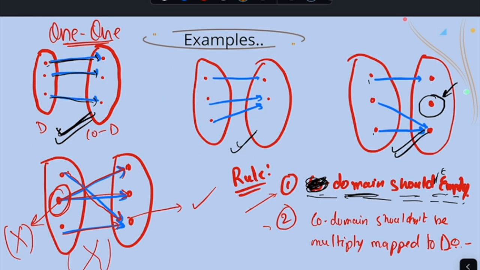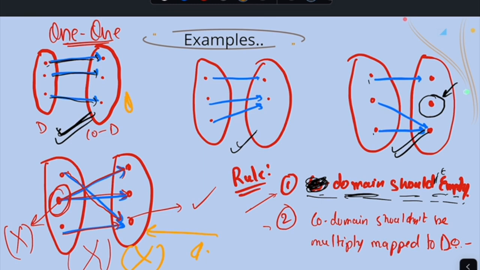Let's get to our example slides. From all these examples, tell me: this is not a function, so the terms into and many-one do not apply to it, as these do not apply to relations. The first one is a one-one function. Is it onto or into?